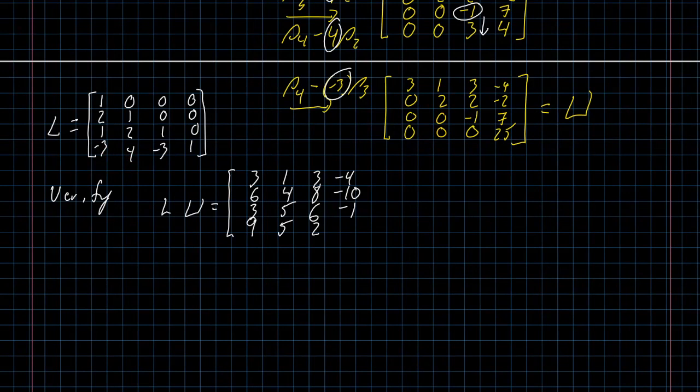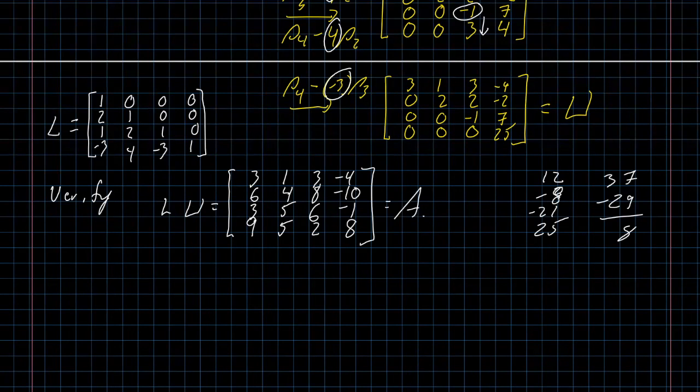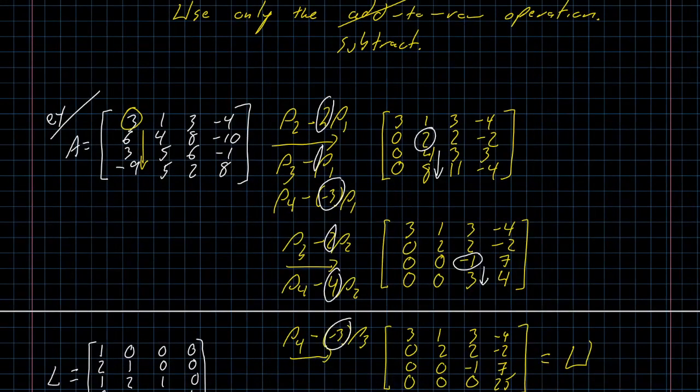I've got 12, -8, -21, 25. All right, 12, -8, -21, +25. I guess that's going to be 37 minus 29, which is 8. And if I scrolled the screen back up, that is in fact exactly the matrix A we started with.